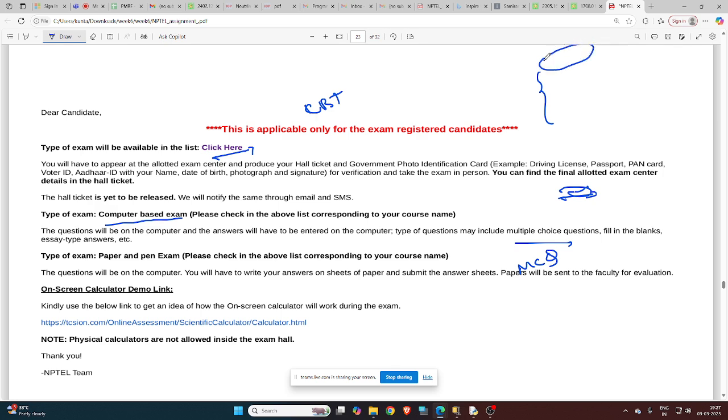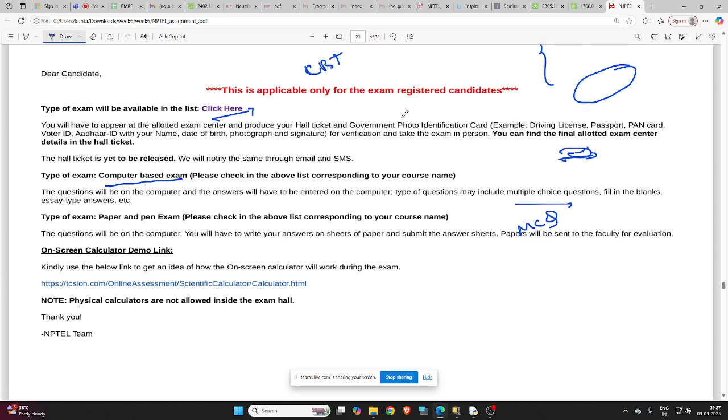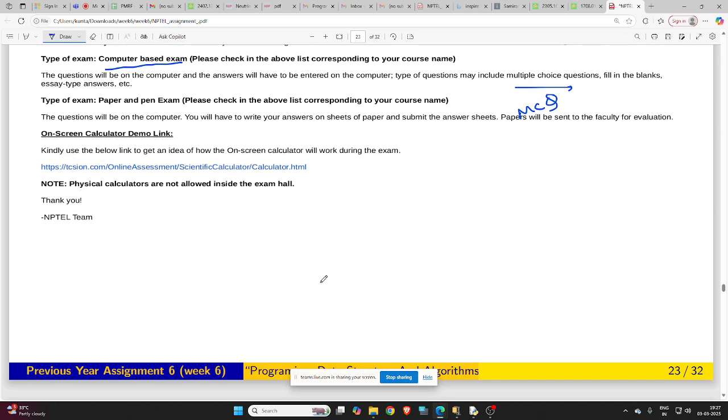Something will be given, and in between you have to fill in by typing. So these things are there. And then there is an on-screen calculator demo link, kindly use the below link to get an idea of how the on-screen calculator will work during the exam. Physical calculators are not allowed inside the exam hall.